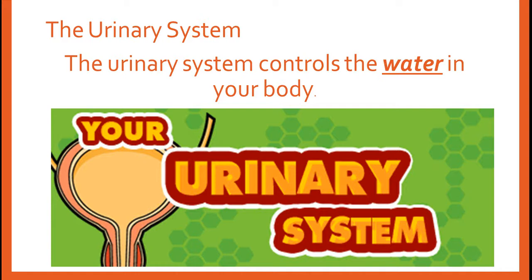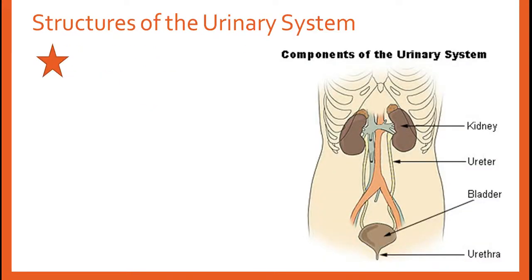All right, so let's see what it's made up of. So when I have that little star up there, it means we have a little chart in your book to fill in on page 72. It's all on page 72. So we're going to be looking at the structures of the urinary system now. First of all, we have the renal arteries. All right, you can see the artery, it comes into each of the kidneys like this, okay?